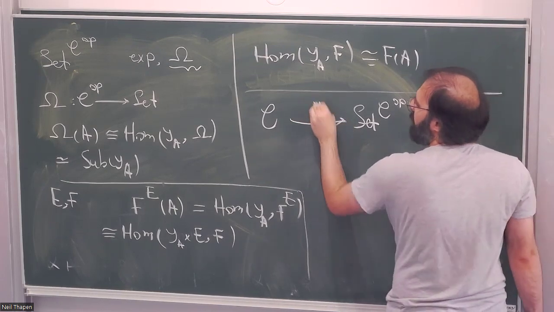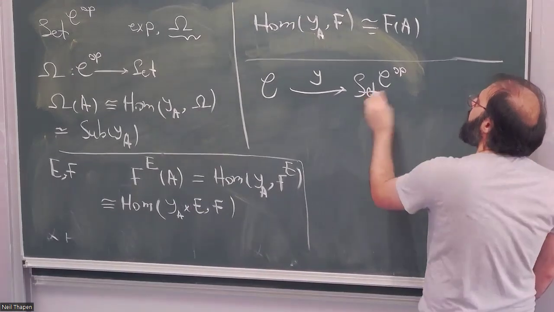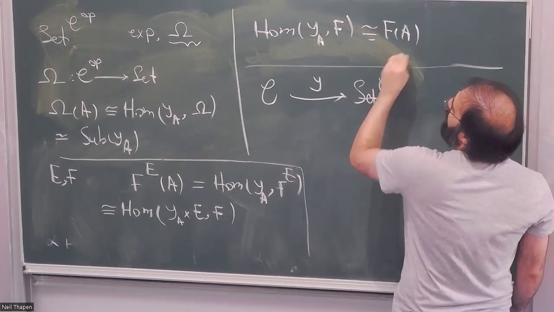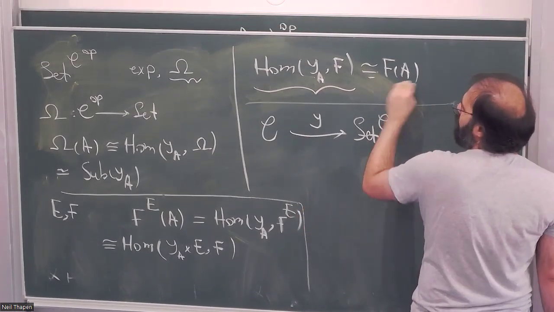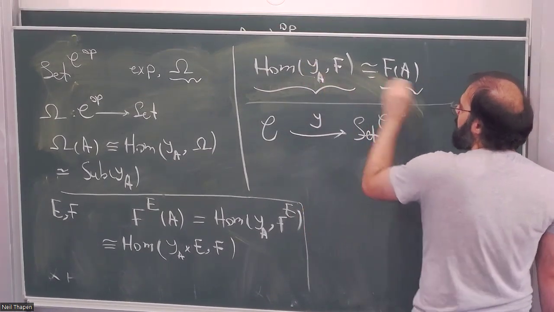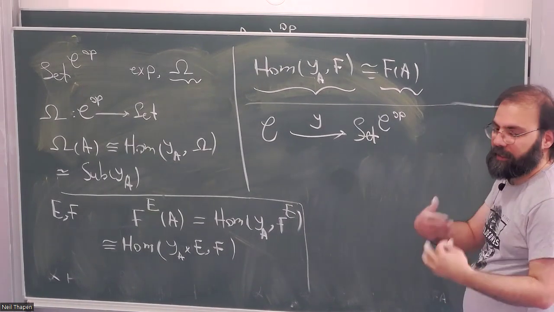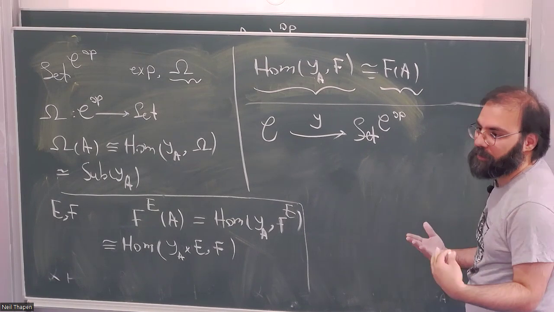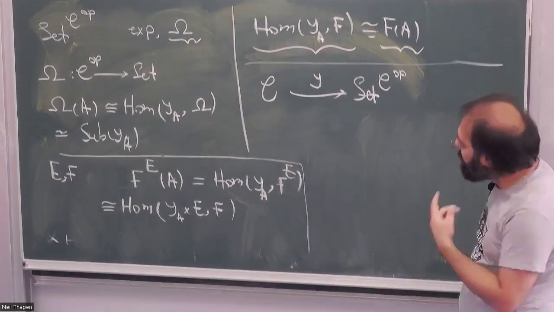There is one embedding, Yoneda, of simple to the general. And here, for any F, you can capture all the maps into F from the simple objects as whatever is in F of A. So this is just a sanity check that two different interpretations of all maps, in quotation marks, are the same. That's the whole story.